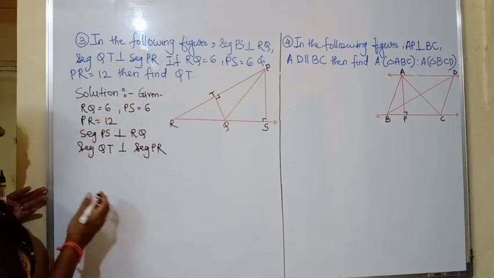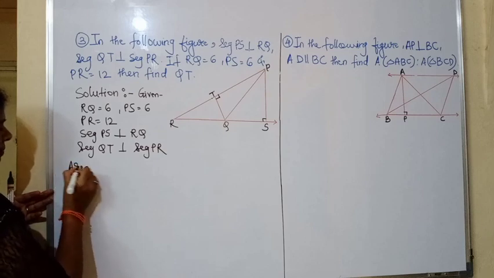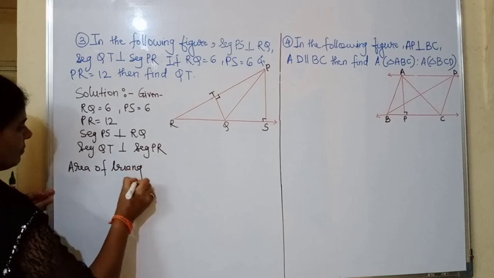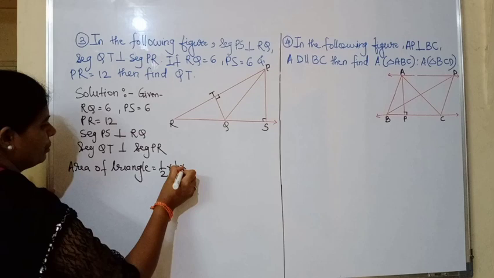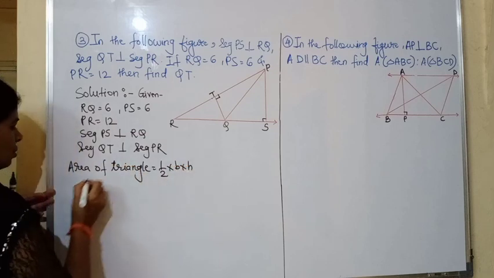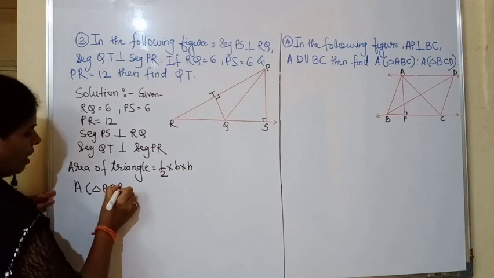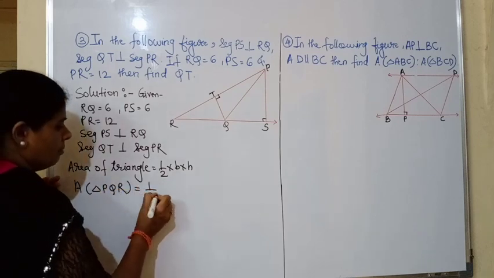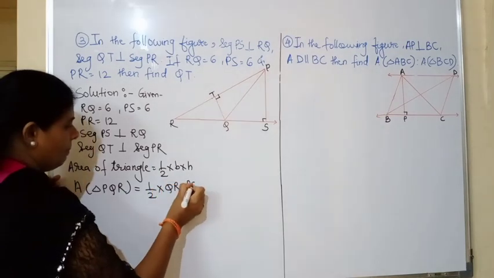Now you will use the formula: area of triangle equal to half base into height. So area of triangle PQR equal to half, whose base is QR and height is PS.